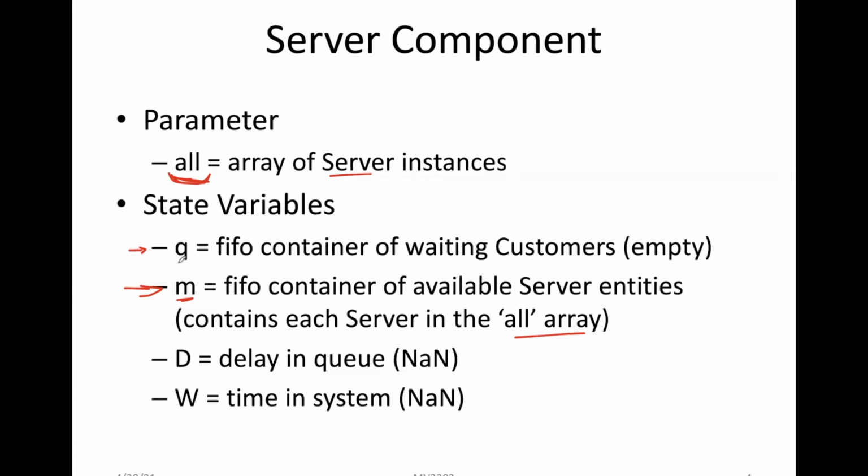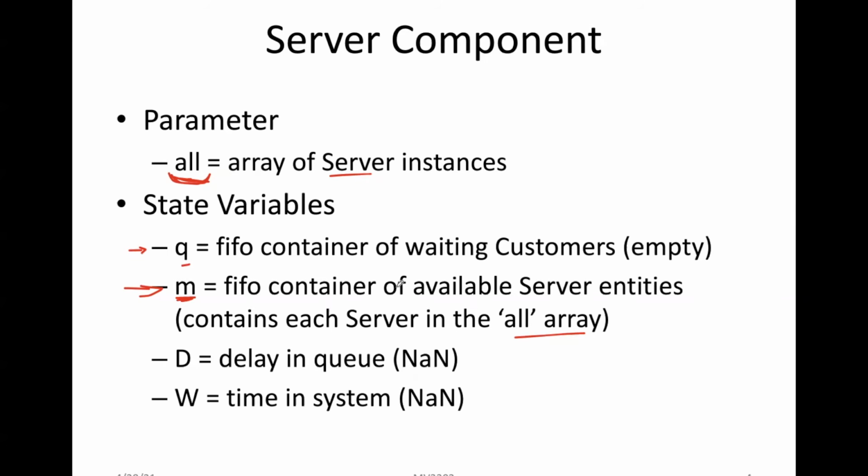So if we collect a time average of the number in this queue container, that will give us the average number in the queue. The time average of the container M, the available server entities, is going to give us the time average of the available servers, and then 1 minus that over the number is going to give the average utilization.